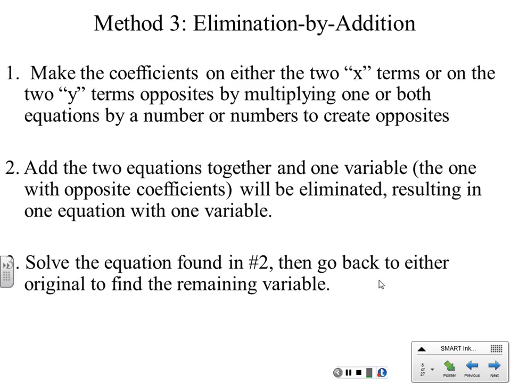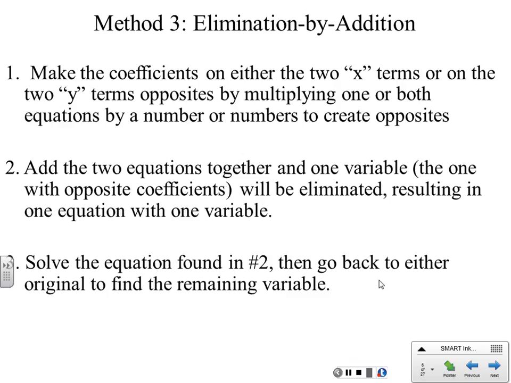And you're going to do this through multiplication. You're going to multiply one or both equations by a number or numbers to create opposites. You're basically making LCMs, least common multiples. It doesn't have to be necessarily the least, but that's probably the easiest one.